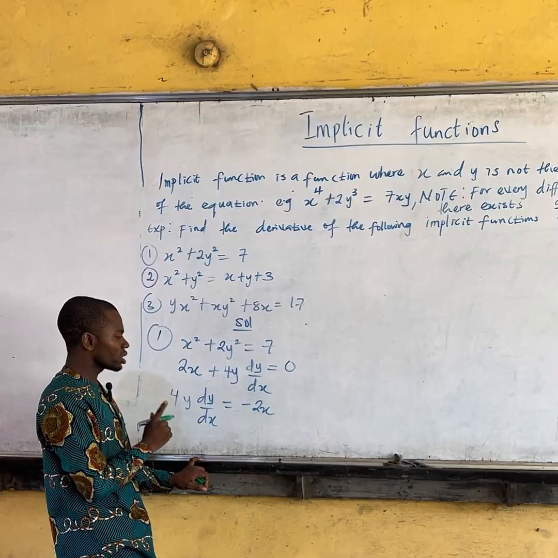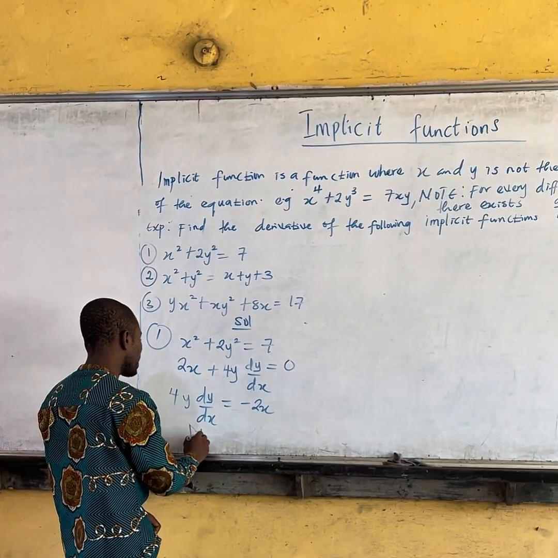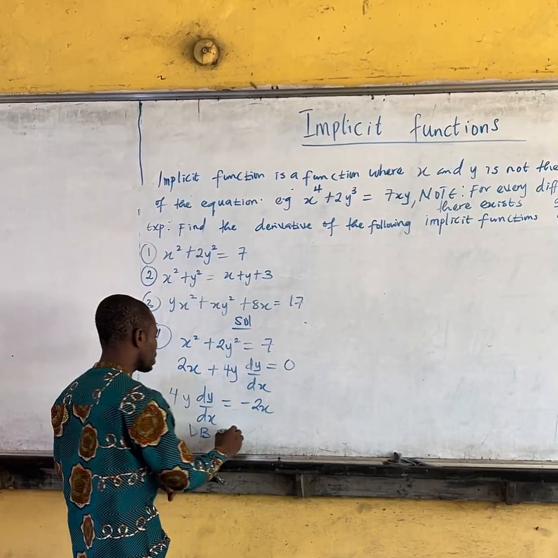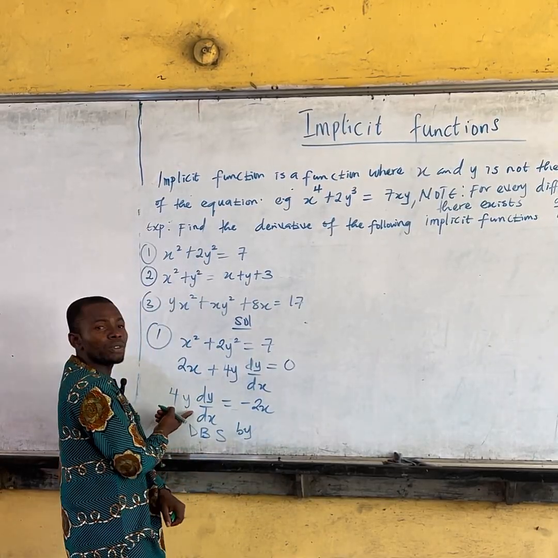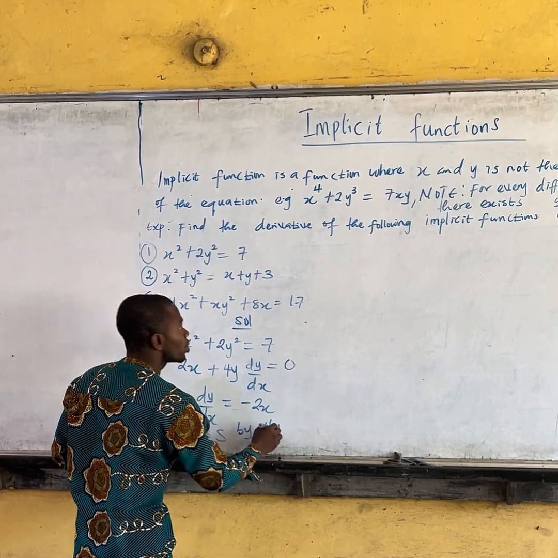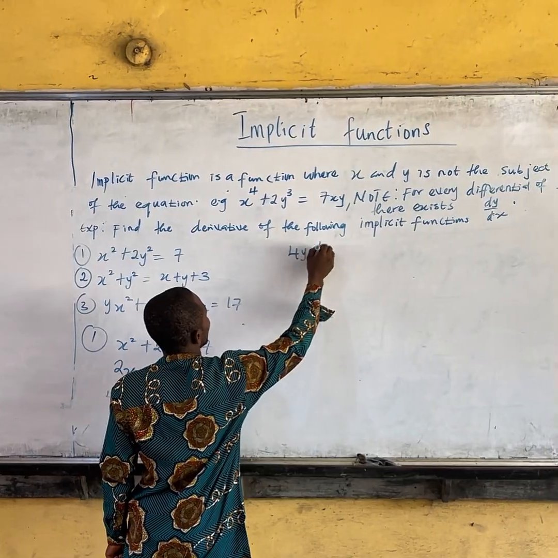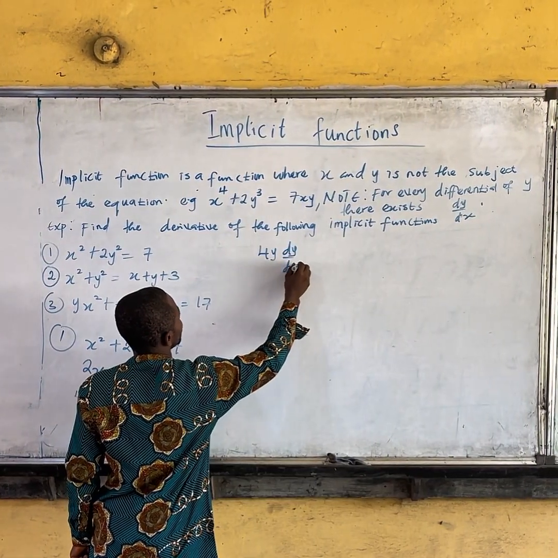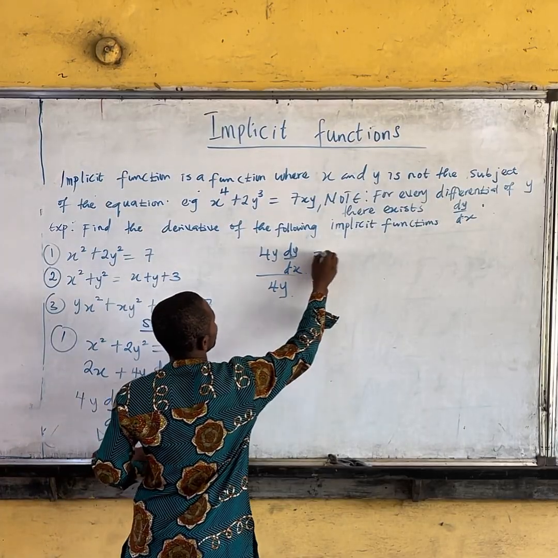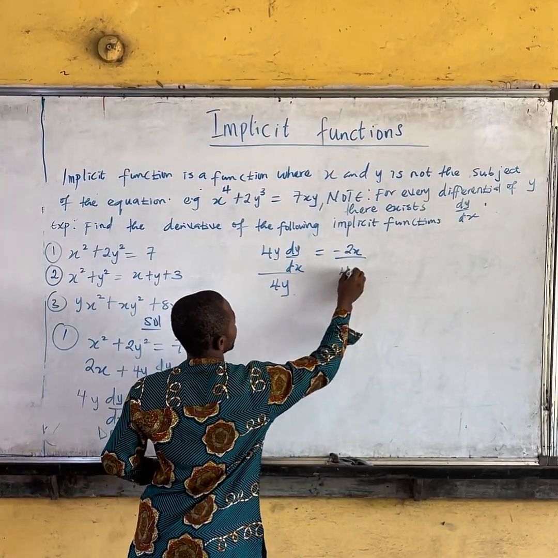My aim is I'm looking for dy over dx, which means I will divide both sides by the coefficient of dy/dx, which is 4y. So my answer will now be 4y dy over dx over 4y equal to minus 2x over 4y.